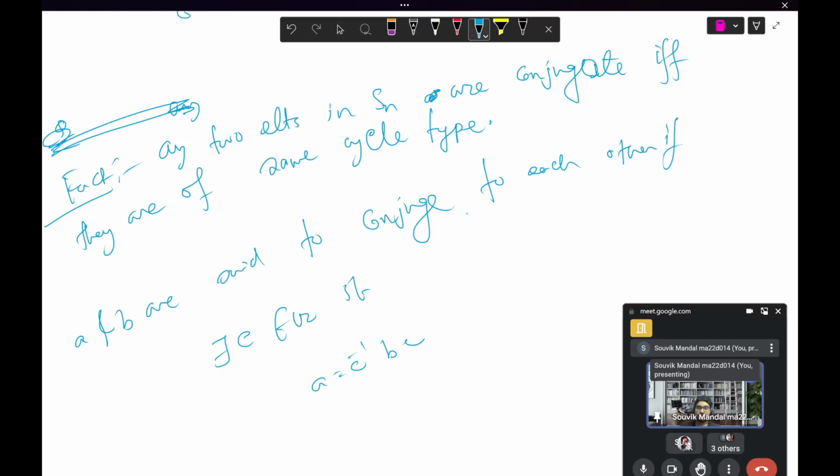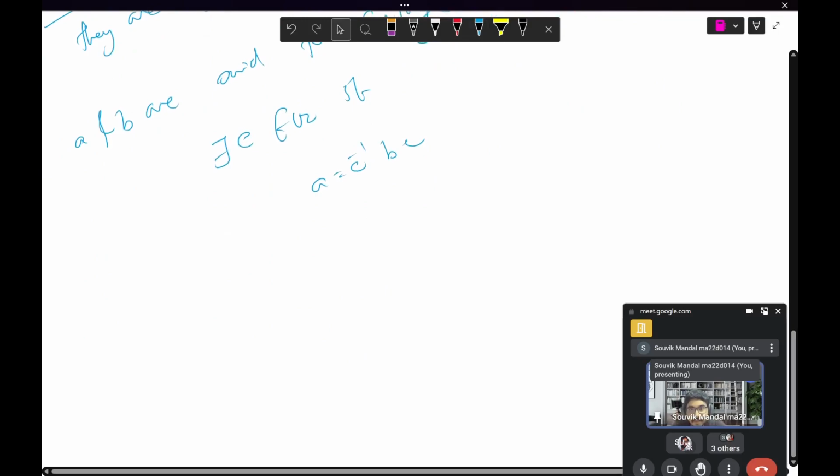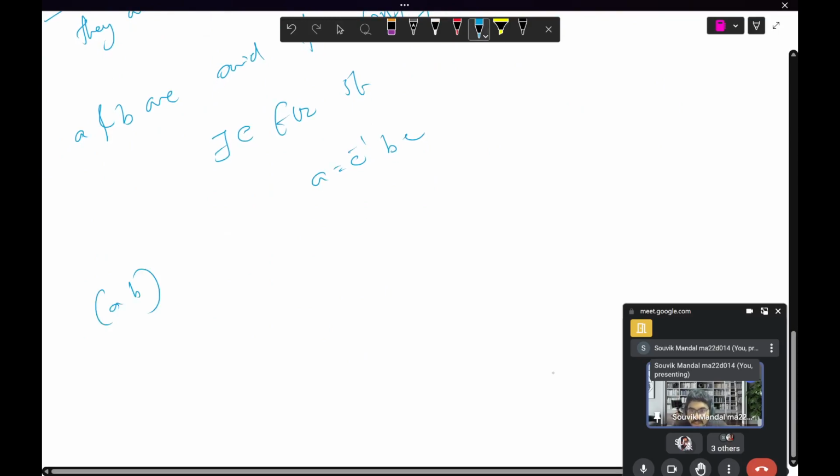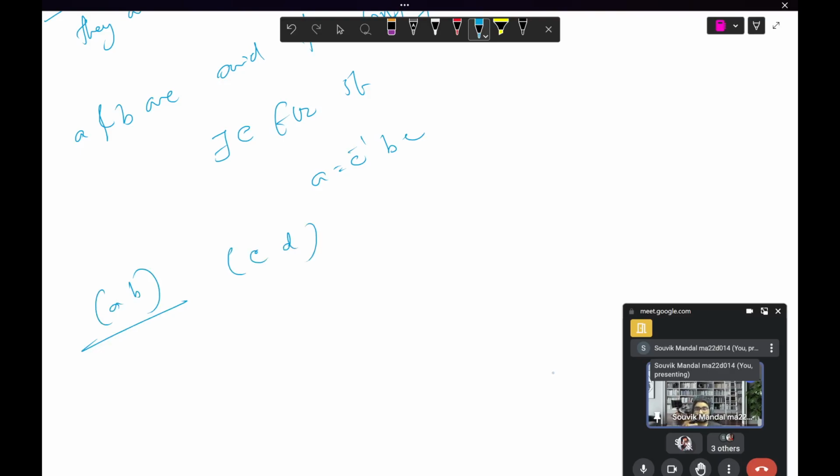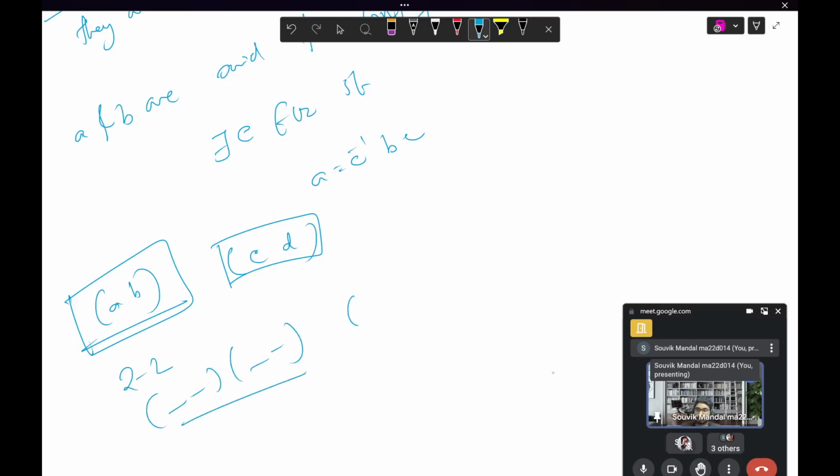Understand? So the statement tells that in Sn two elements are conjugate if and only if they are of the same cycle type. This means, suppose we have one cycle (a b), then any element of Sn of the same form, that is, any two cycles, is conjugate to it.